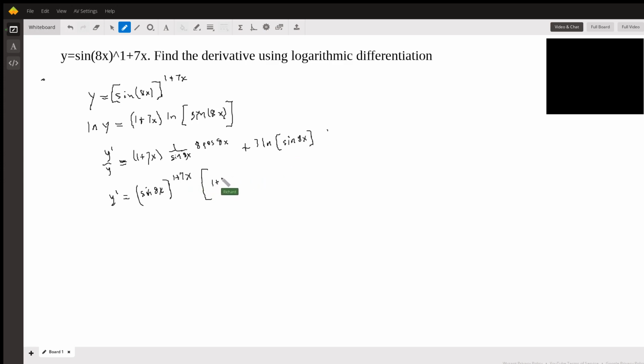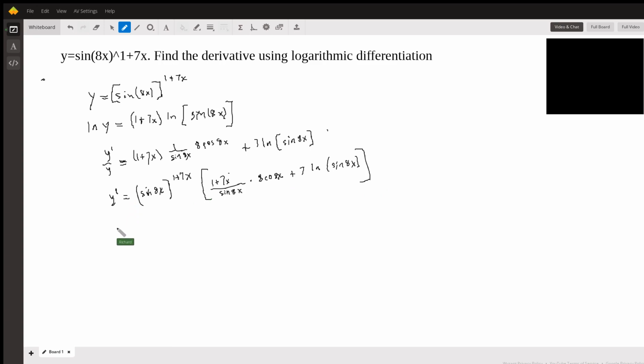So it's going to be 1 plus 7x over sine 8x times 8 cosine 8x, plus 7 natural log of the sine 8x, like that. So it's a bit of a mess.